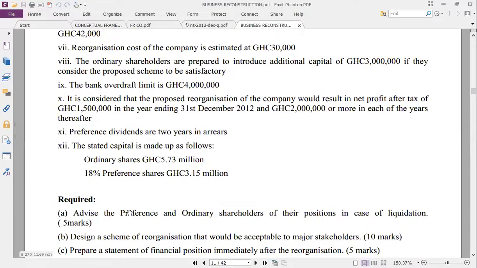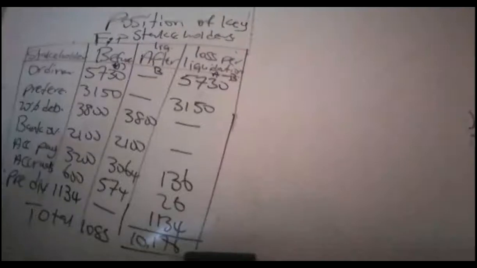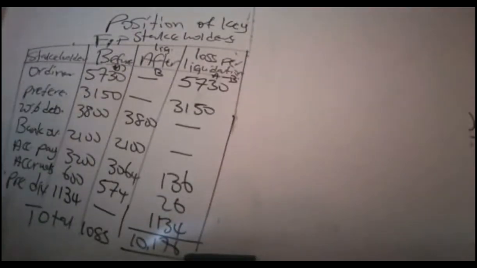It says: advise the preference and ordinary shareholders of their positions in case of liquidation. So tell us whether they are losing or not. If you just do the calculation and do not conclude, you've not solved the question. We are asking what will be their position.